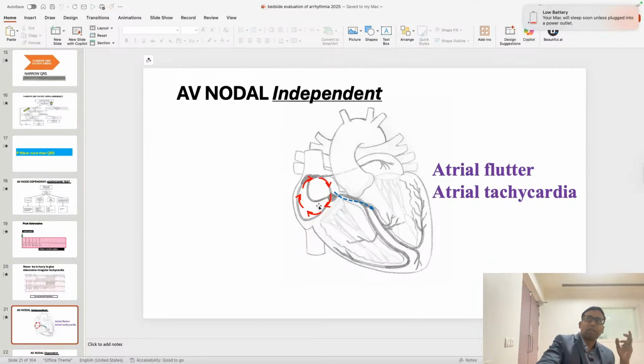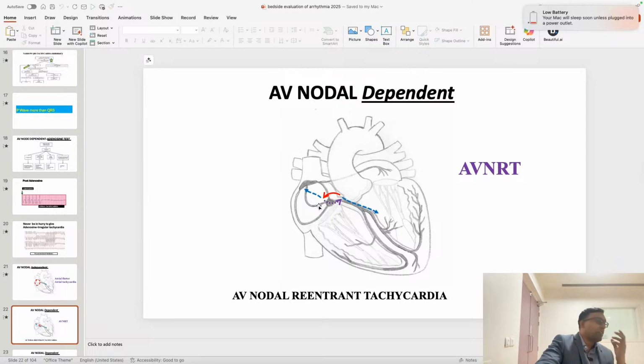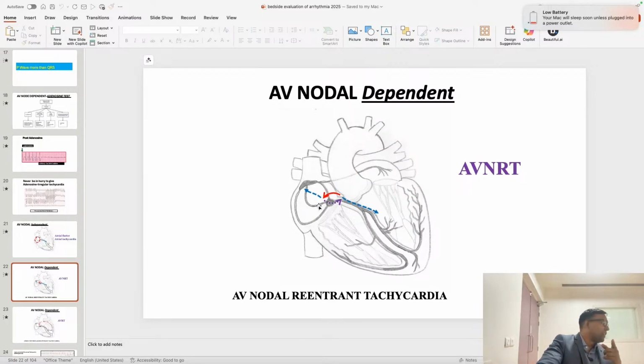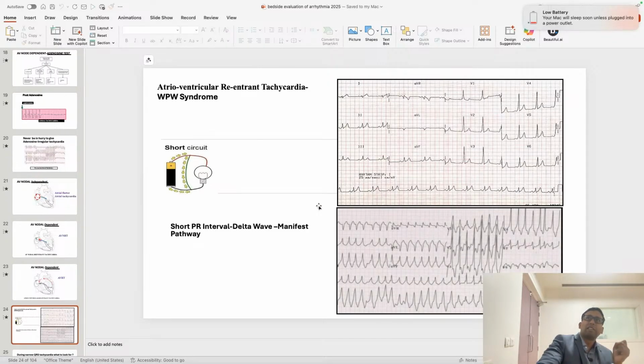AV nodal dependent tachycardias have the node as part of the circuit: one is AV nodal re-entrant tachycardia and the second is AVRT, atrioventricular re-entrant tachycardia. The time you give adenosine, it will interrupt AVNRT and AVRT.